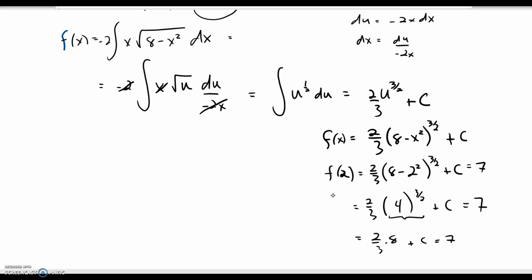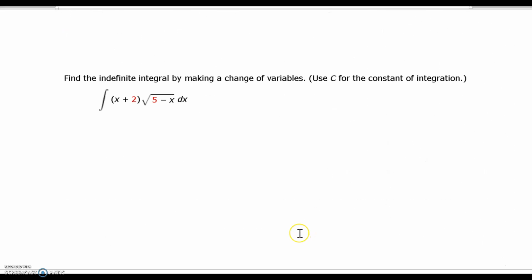And that's going to be 16/3. So I'll just subtract 16/3 from both sides. And c is 7 minus 16/3, or if you put that over 3, that'd be 21 over 3 minus 16 over 3. So I got 5/3. Okay, so that goes here, and then that's my answer. 2/3 times (8 minus x squared) to the 3/2 plus 5/3.